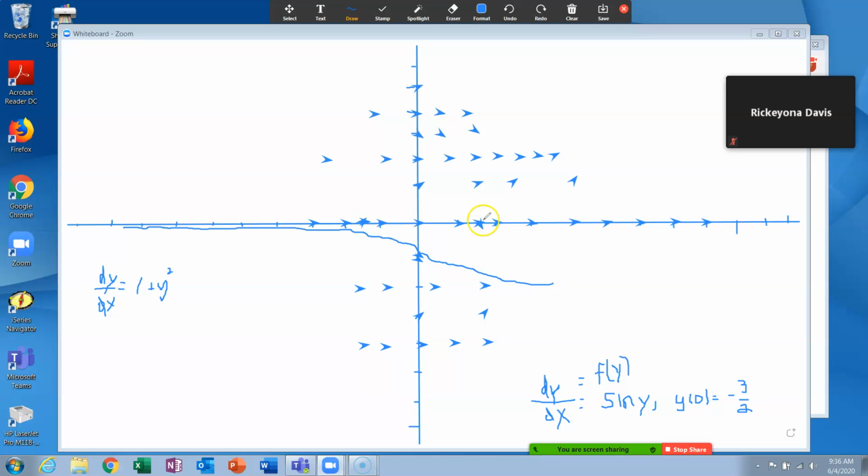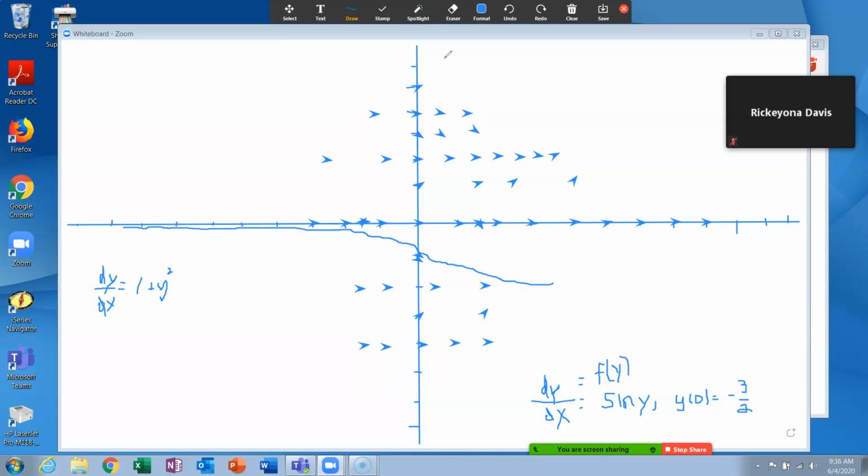That's on the x-axis when y is equal to pi, 2 pi, 3 pi, negative pi, negative 2 pi, negative 3 pi, positive 2 pi, positive 3 pi. Those are your critical points, the places where f of y is equal to 0, or f of c is equal to 0, for whatever value you put in for the c.